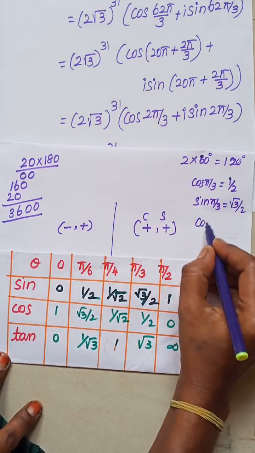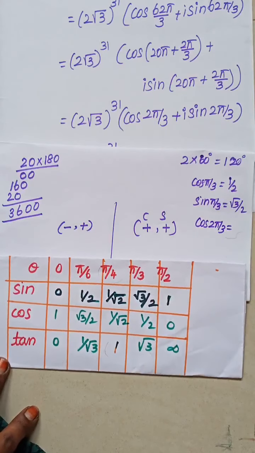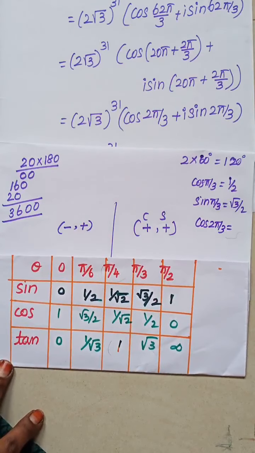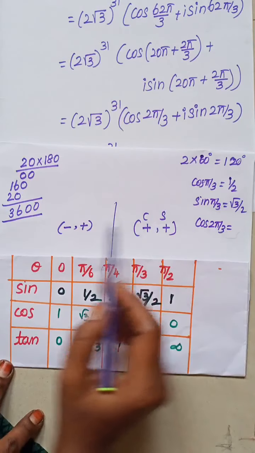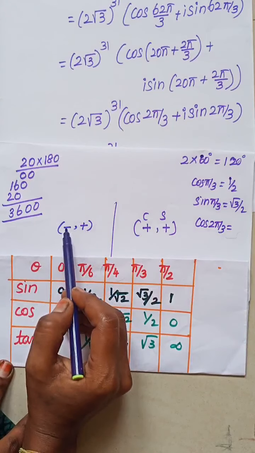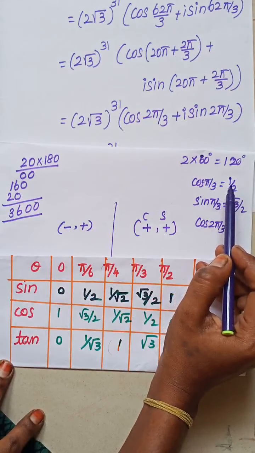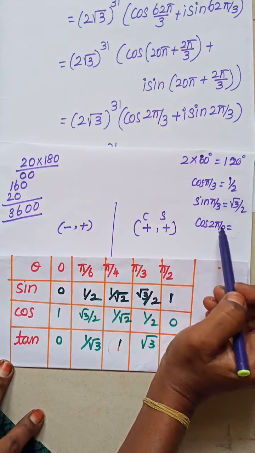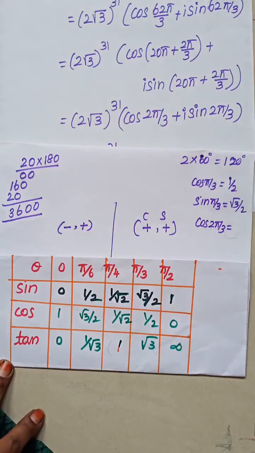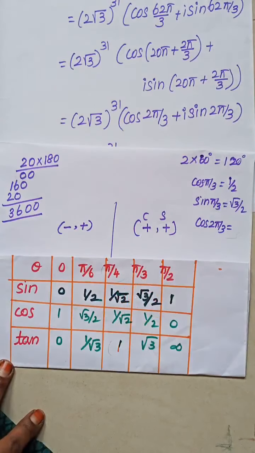Now cos 2 pi by 3 lies in the second quadrant. Second quadrant cos value is negative. Here cos pi by 3 is 1 by 2, so cos 2 pi by 3 is minus 1 by 2. Did you understand, Rama? Cos pi by 3 lies in the first quadrant, so write it plus 1 by 2.